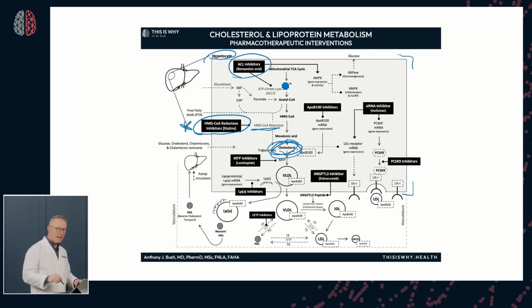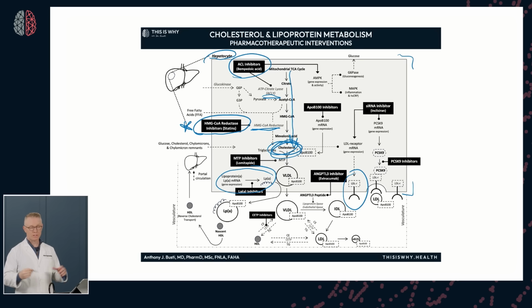So that's working on ATP citrate lyase inhibition, another enzyme way up here, but it's earlier in the process. But this whole chemical reaction is the formation of cholesterol inside of the liver. The rest of it is about LDL receptors and also the production of lipoprotein a, okay, which is now growing also in its number of interventions.